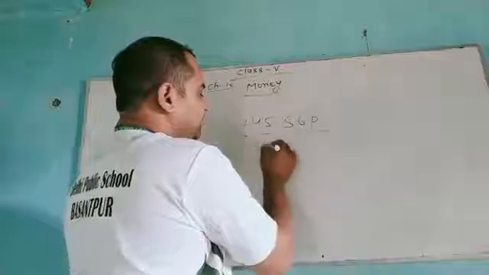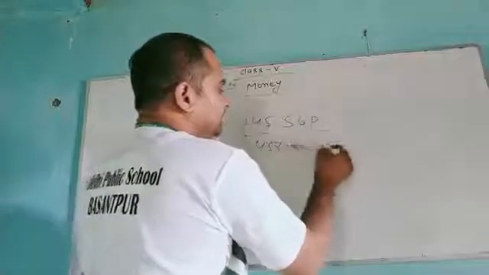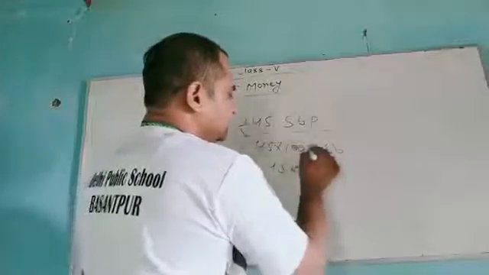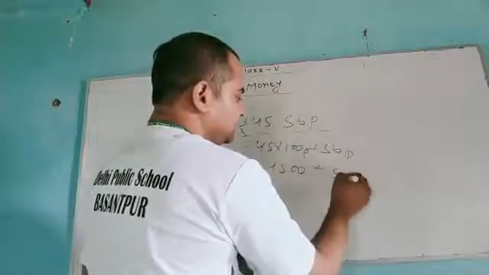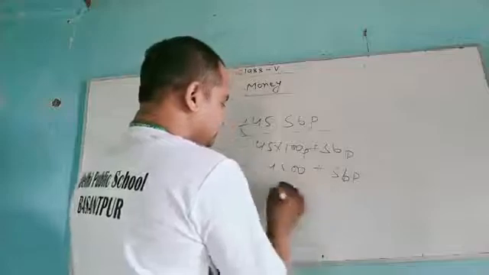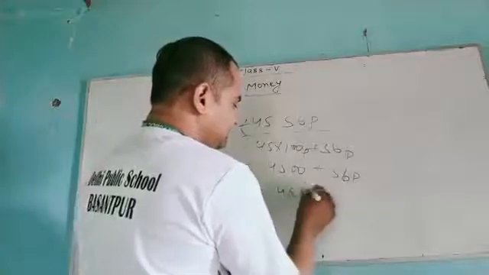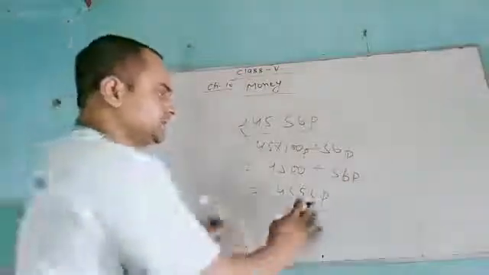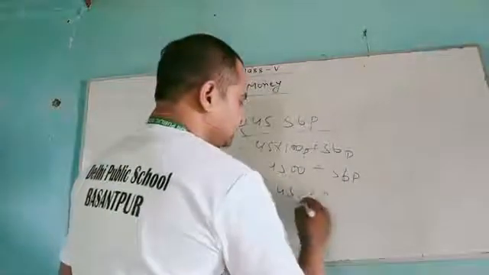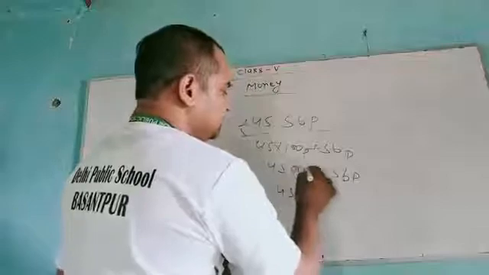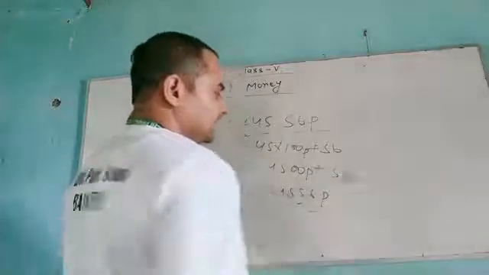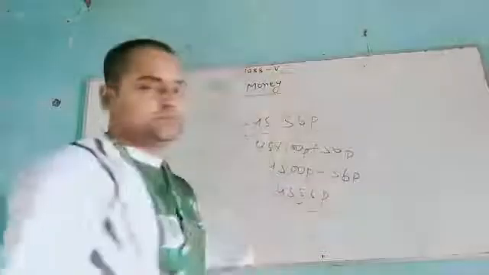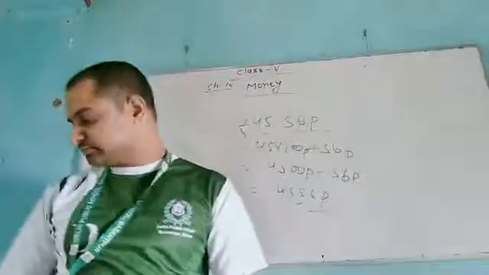So you convert 45 multiply 100 plus 56. Okay, 4500 plus 56. You write 4556 paise. Okay, this is very simple. You write 4556 paise. Okay, students. Paise and paise, same sign, you add. Okay, students.